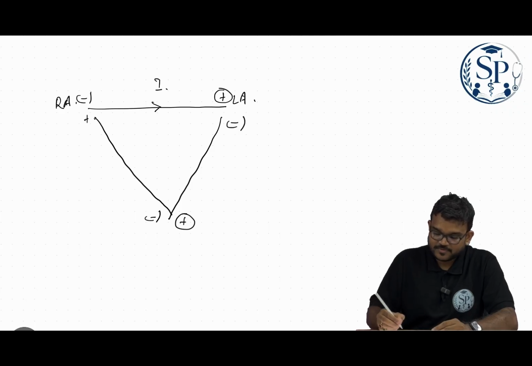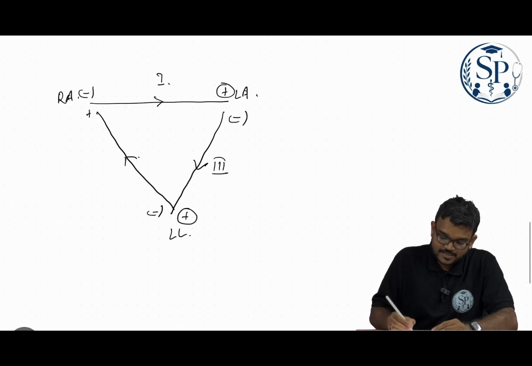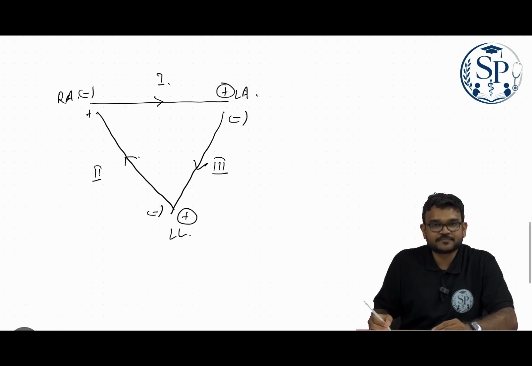From the left arm to the left leg the current flows in this direction, and he named it lead 3. From the left foot to the right arm the current flows in this direction, and he named it lead 2.